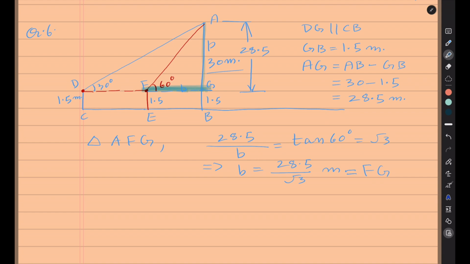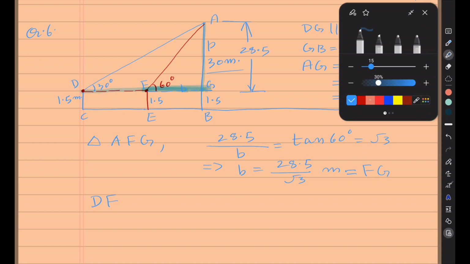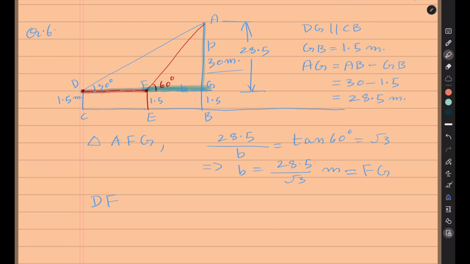Now, what we actually want to know is the distance DF, because this is the distance the boy has walked. This is what we want to know.